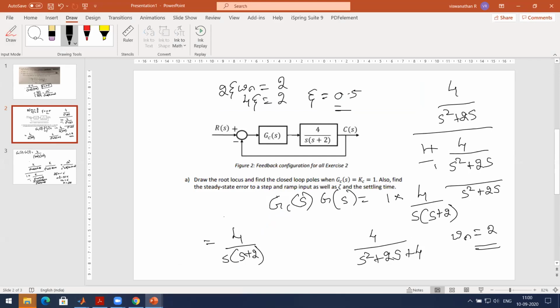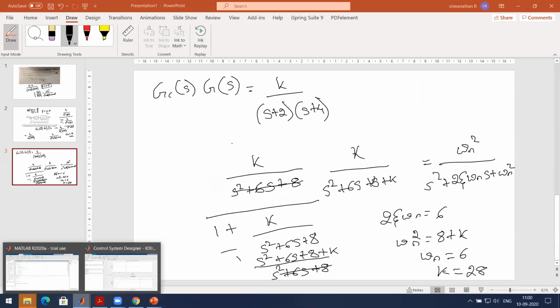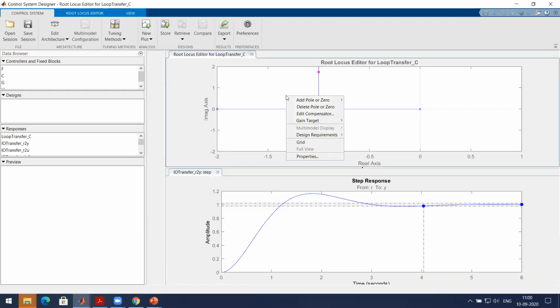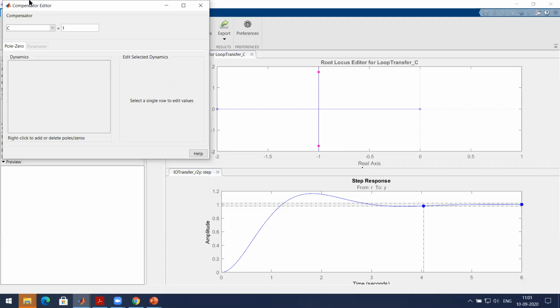So you must be able to understand what MATLAB is showing you. If you see here, these are nothing but the closed loop pole locations. The magenta color is the closed loop pole locations for the gain equal to 1.